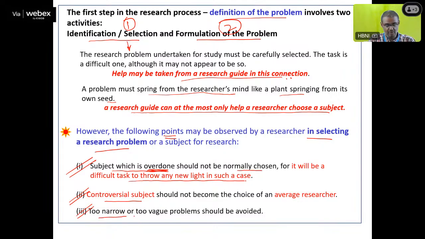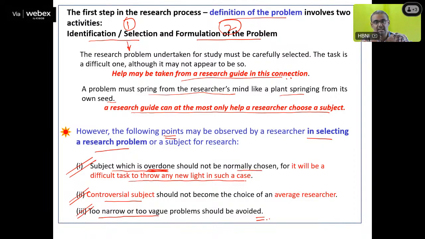A problem that is too narrow or too vague should be avoided. As I told you, my job was to develop a catalyst for a particular reaction so that it can be used in a plant. I could have given the title in such a way. But I selected a specific material only, and in my title I made it broader so that under that umbrella I can investigate more materials and more reactions.